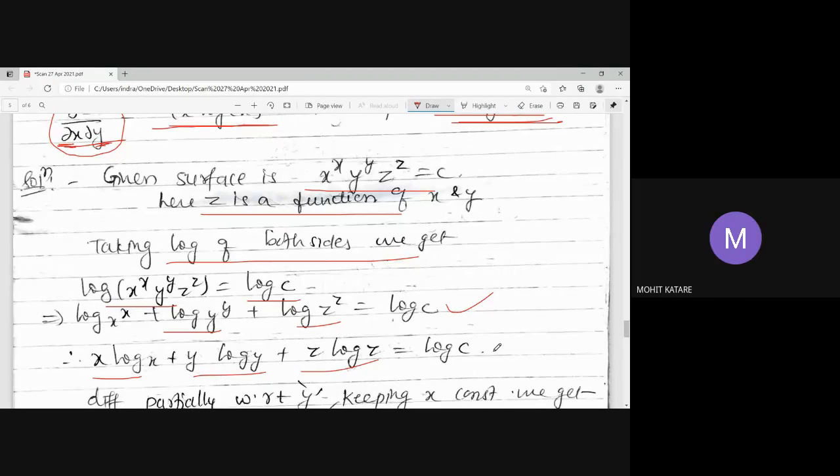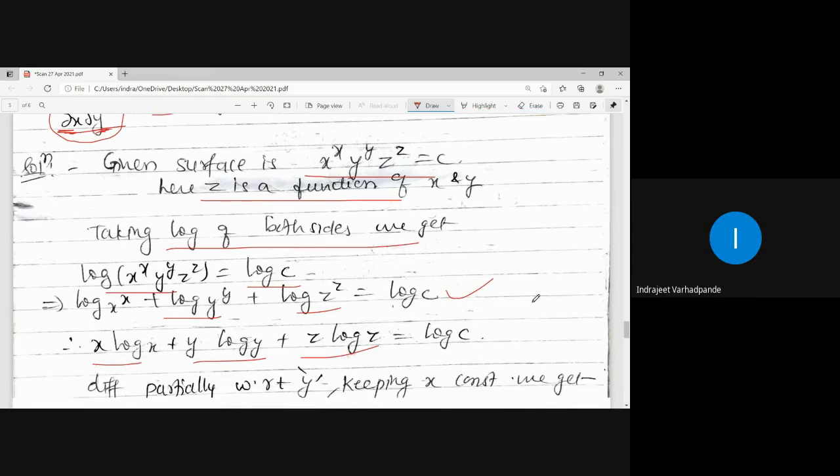Now with which variable will I be differentiating first? Y. So while differentiating with respect to y, what will be kept as constant? X. So what will be the derivative of x log x?